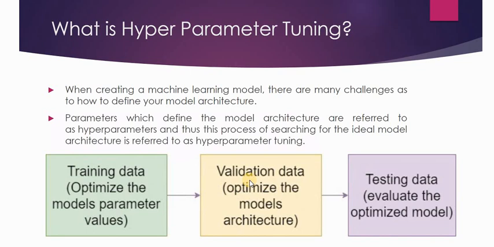So the hyperparameter tuning methods relate to how we sample possible model architecture candidates from the space of possible hyperparameter values. This is often referred to as searching the hyperparameter space to calculate the optimum values. Now let's see what types of hyperparameter tuning techniques we have.